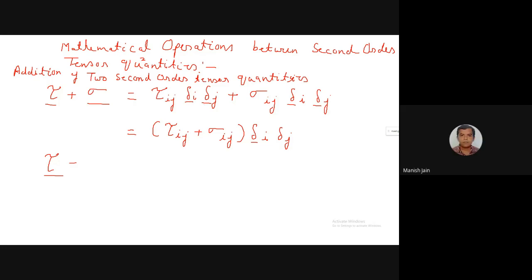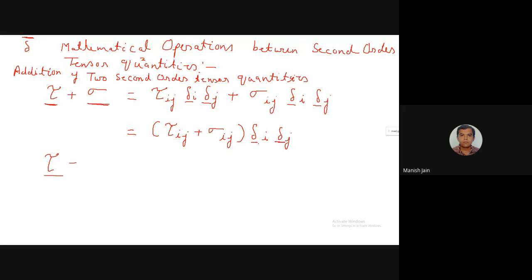Generally in new books, for any vector you put a line above it. In this subject we write the vector quantity by using a line below the notation. This represents a vector.